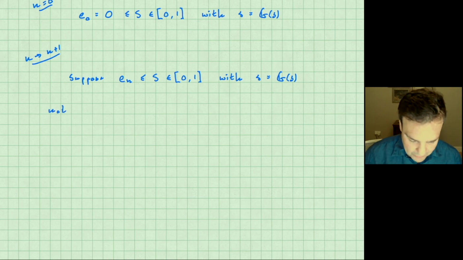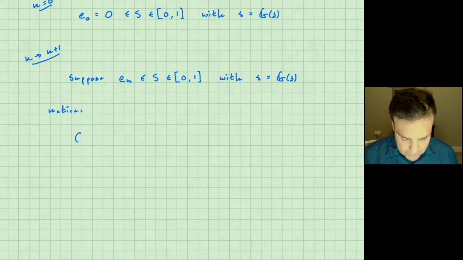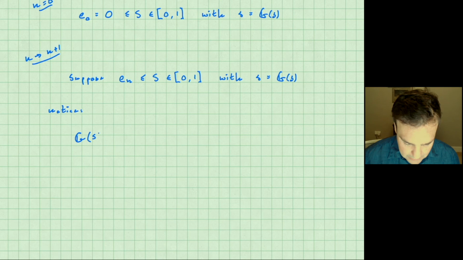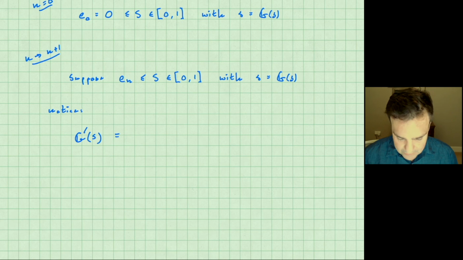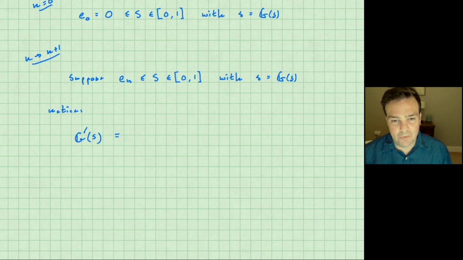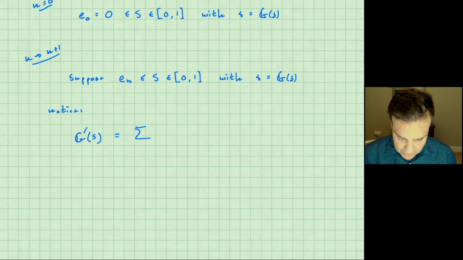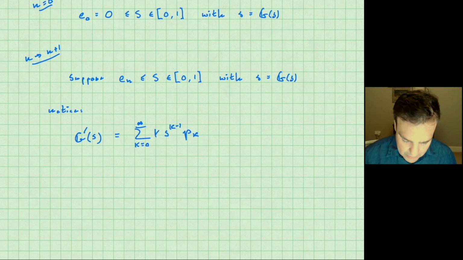All right, so notice we can take the derivative of the PGF. If you look at the definition of the PGF, normally we'd have a sum over k equals 0 to infinity of s to the k times p sub k. If I take the derivative of this with respect to s, I get k times s to the k minus 1.